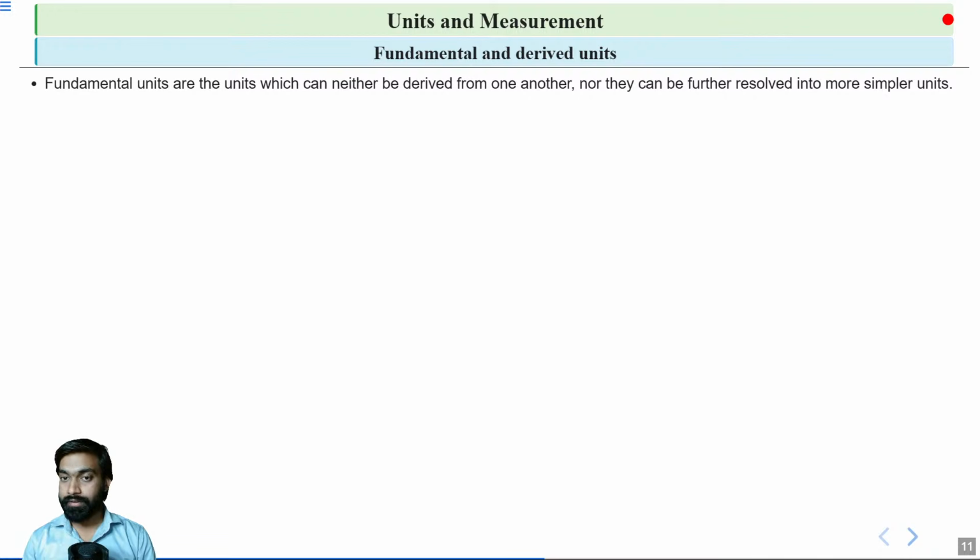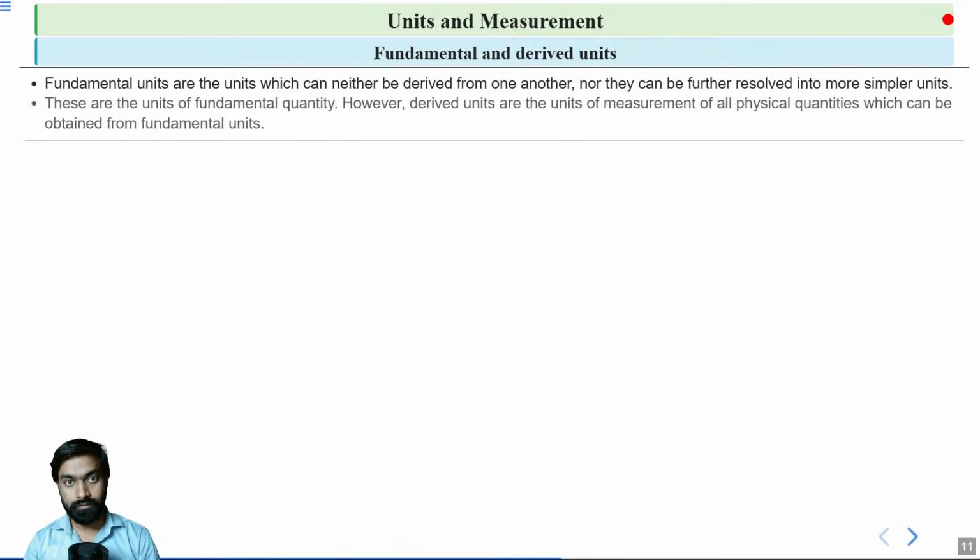Fundamental and derived units, this is very important. Fundamental units are units that cannot be formed from any other unit. They are the units of fundamental quantities, or in other words, base quantities. They are independent and cannot be expressed in terms of any other physical quantity.